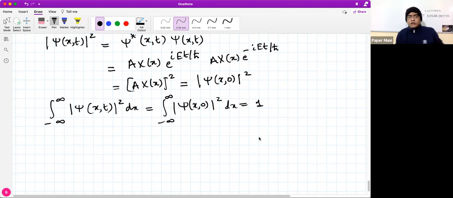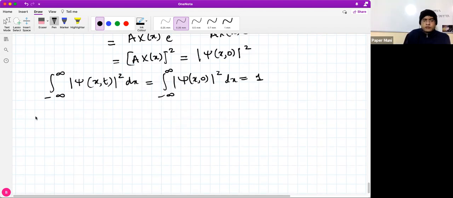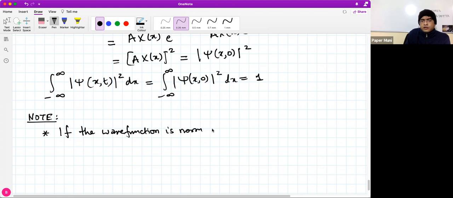All right. So what does it imply? Let's write it down. Note, number 1: if the wave function is normalized at t equal to 0, it will remain normalized at any time t.